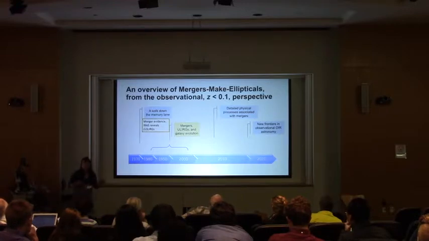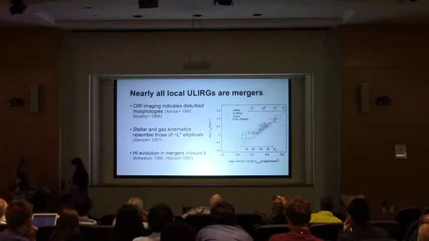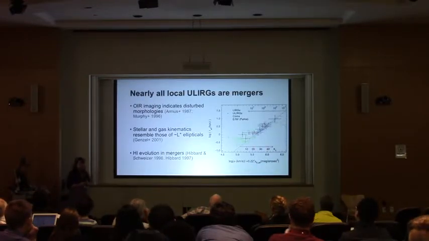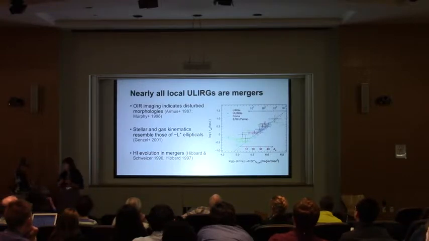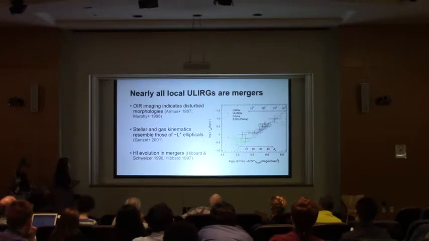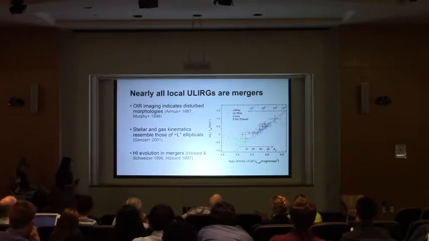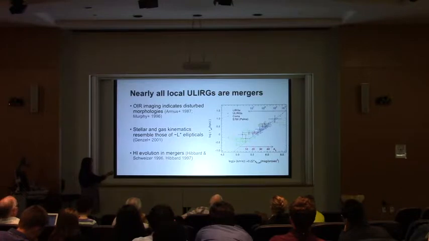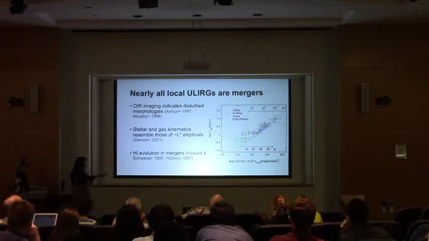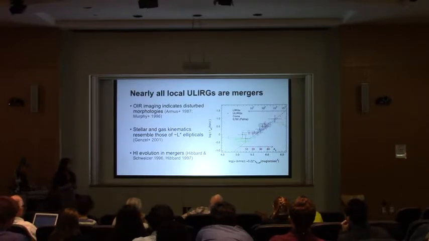Okay, so what does this tell us about mergers and ULIRGs, and how does all this fit into galaxy evolution? There has been increasing observational evidence that infrared luminosity is associated with merger activity, including optical and infrared imaging surveys that see a lot of disturbed morphologies in these LIRGs and ULIRGs. Gas and stellar kinematic studies show that the ULIRGs, which are the red points here, resemble the L-star ellipticals on the fundamental plane, showing that they probably turn into those elliptical galaxies.